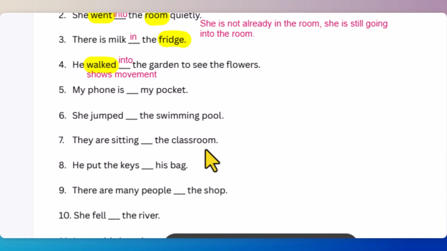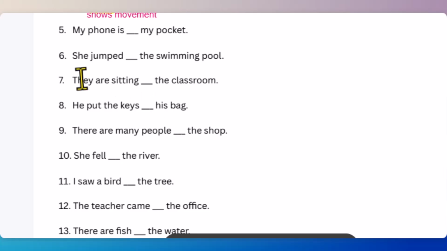Let us move up. So number 5, my phone is blank my pocket. Pocket is going to be our keyword in this sentence. A pocket is when you're wearing pants or jeans, you have a compartment, which is a pocket, where you put your keys, you put your wallet.